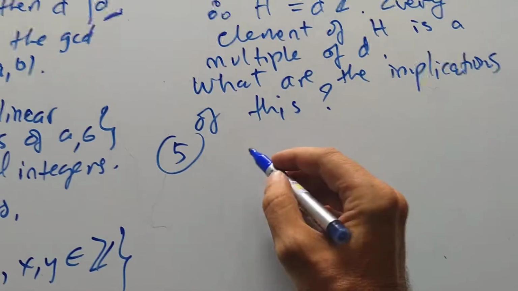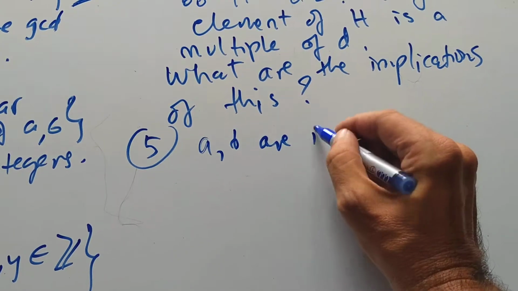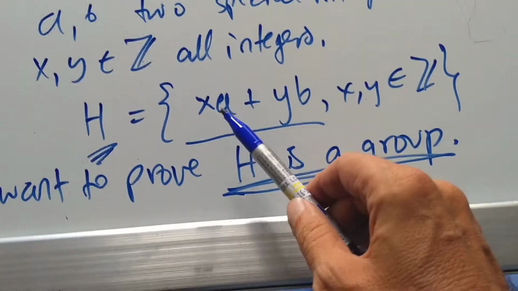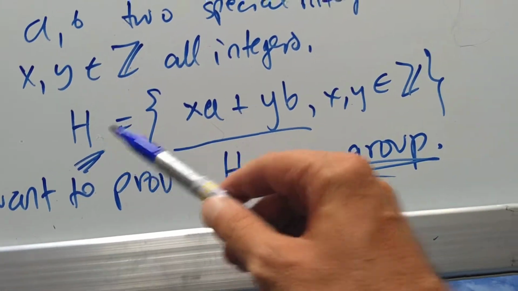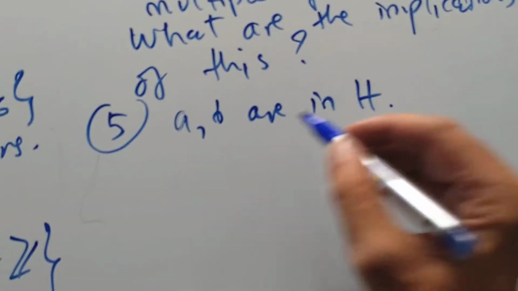First of all, the first implication is that A and B are in H. This is not entirely obvious. It is after you see it. We say that linear combinations of A and B are in H, but A and B themselves are in H. And how do I know that?